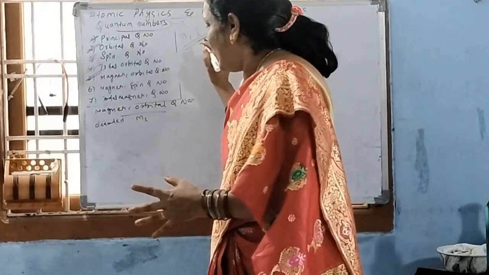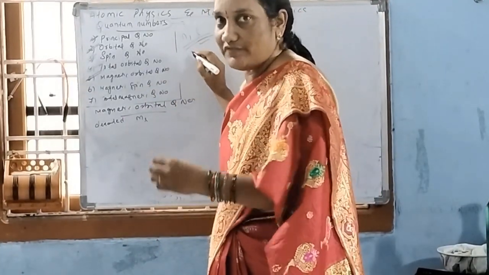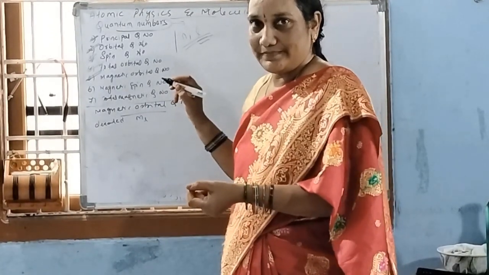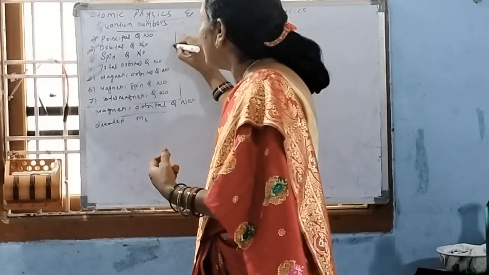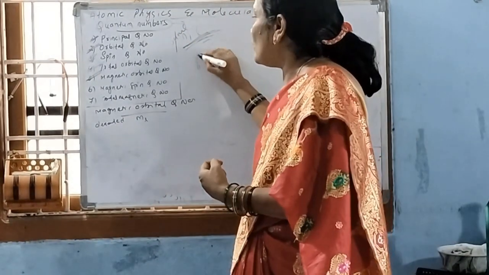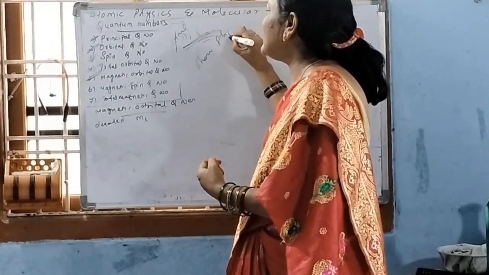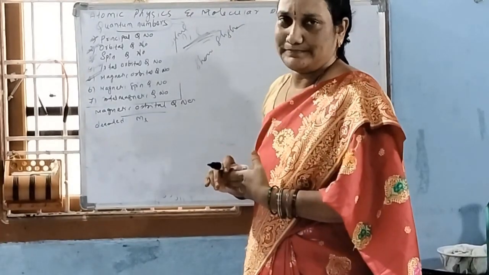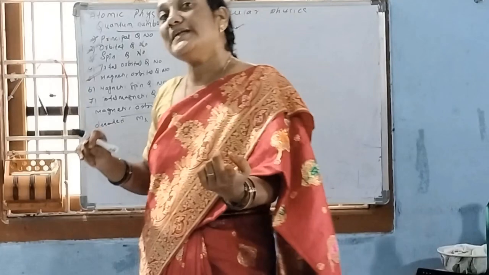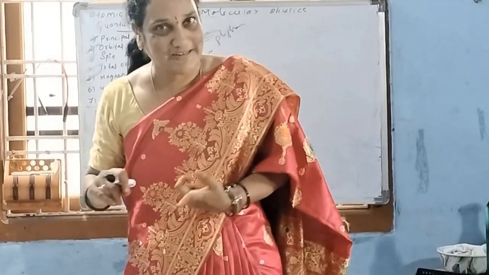The electrons with the same N and L values show a slight difference between each other. N is the principal quantum number, L is the orbital quantum number.